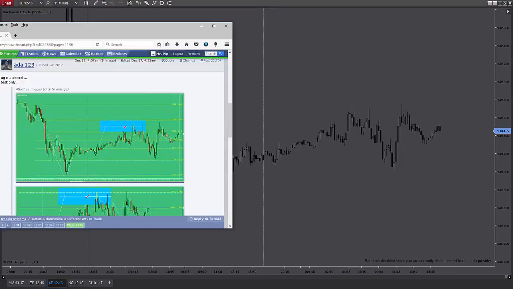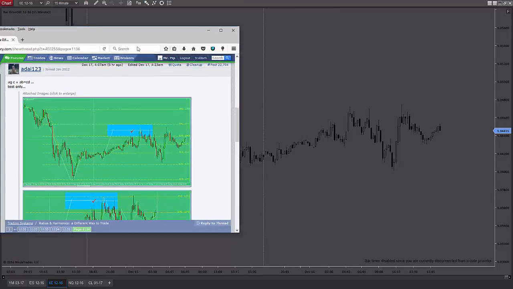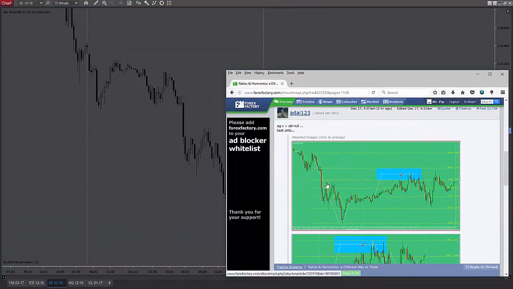But I wanted you all to see how this stuff right here is this area right here, and this right here is this right here. It's identical. Okay, so when you drew this fib from here to here, that's from here to here.